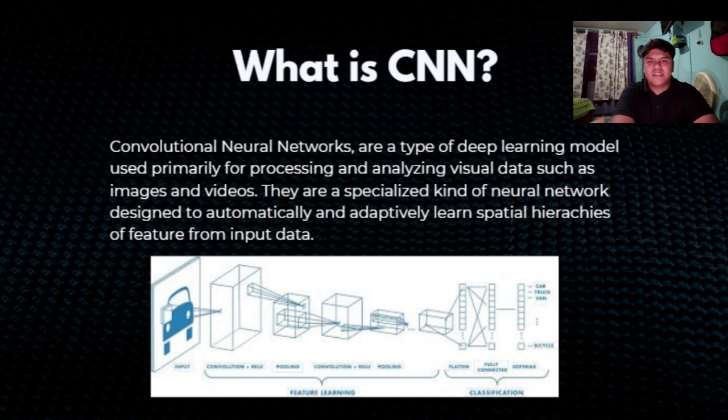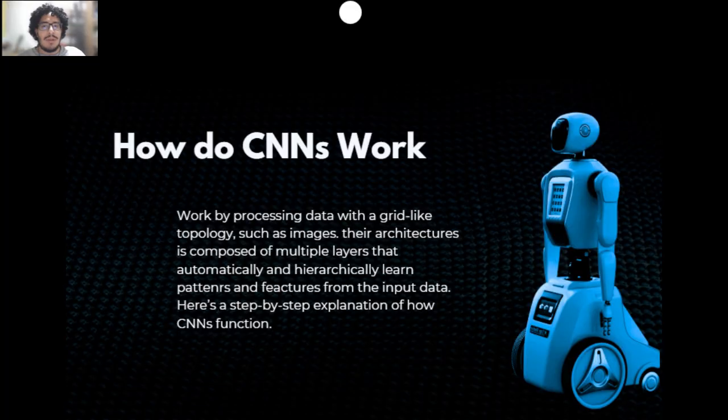They are a special kind of neural network designed to automatically and adaptively learn spatial hierarchies of features from input data. CNNs are designed to process data with a grid-like topology. This is perfect for analyzing images, which are made up of pixels arranged in a grid.